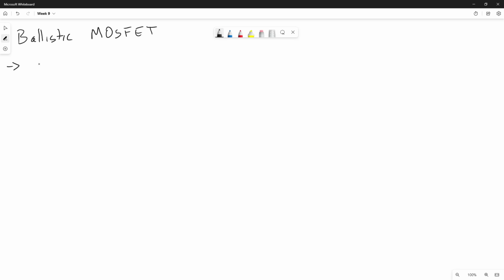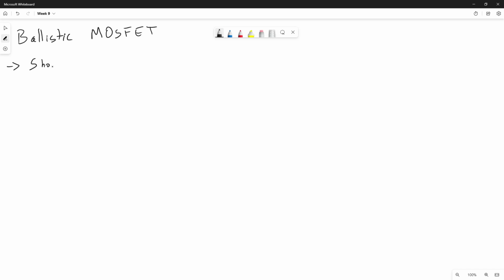Kamal, Anshu, can either of you tell me? What is the most important feature of a ballistic MOSFET? Minimum loss. Minimum loss in the channel, okay. I was actually asking for much more elementary things.